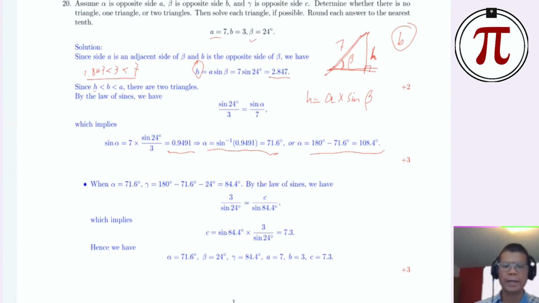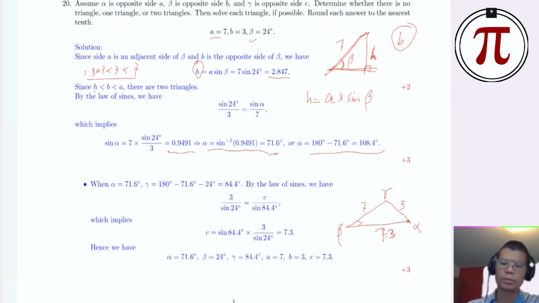Okay, so you may see this one. This C is larger. This is beta, this is 7, this is alpha, this is gamma, and this is C. C is 7.3, and this one is 3, I believe.